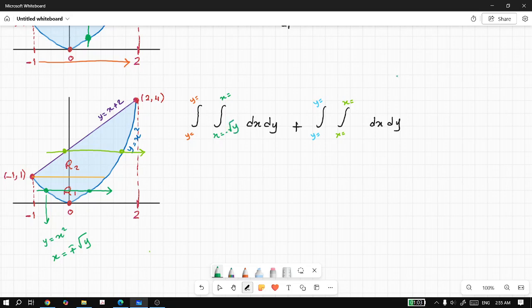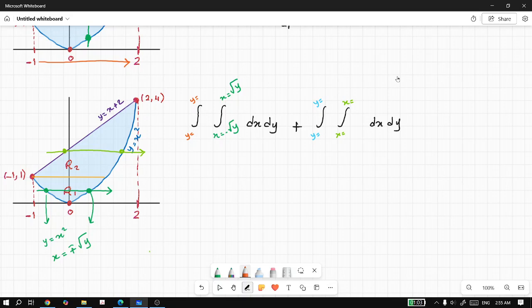Okay, where does it get out? Where does it leave the function? In that point. That point is what? X is equal to positive square root of y. So the upper limit here becomes positive square root of y. How about the y limits?